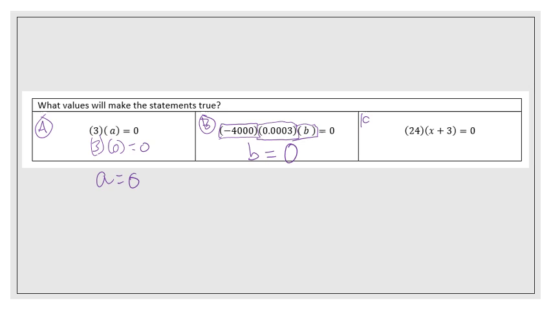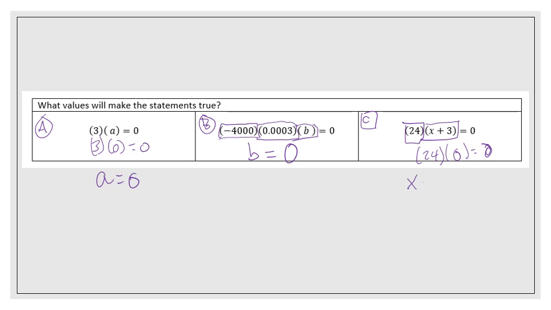And then this last example, I'm going to call it C. We have 24 times the quantity x plus 3. So I have one factor, which is 24, and the other factor is that binomial x plus 3. Well, 24 is a constant. That never changes. But the only way I'm going to get 24 times something that equals 0 is if that other factor is 0.